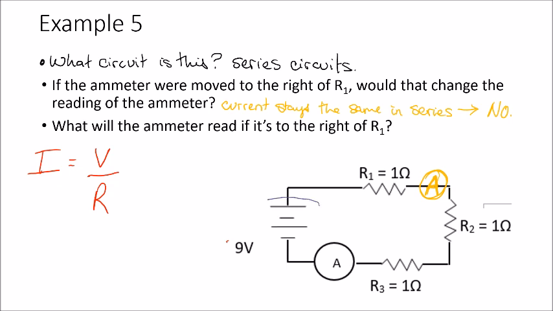In this case, it'll be easiest to solve for the total current using the total amount of resistance because we also have the total voltage. So since we're given the total voltage of 9 volts, we should also use the total resistance.